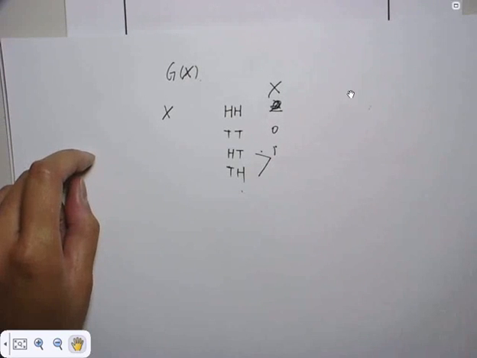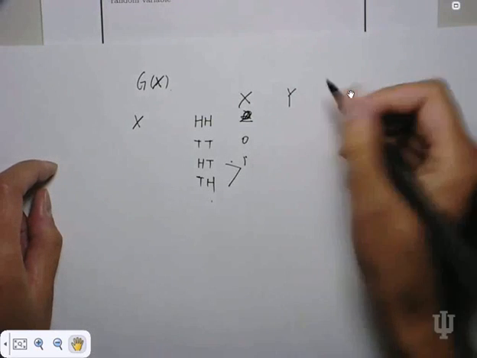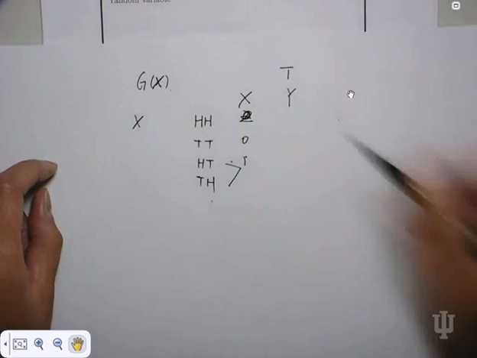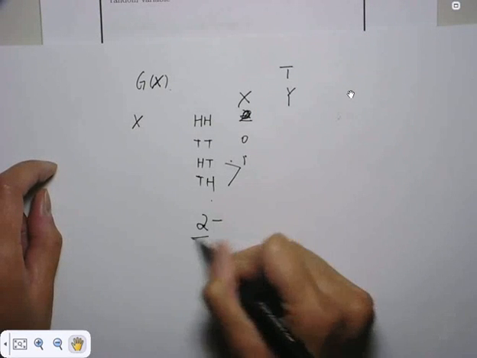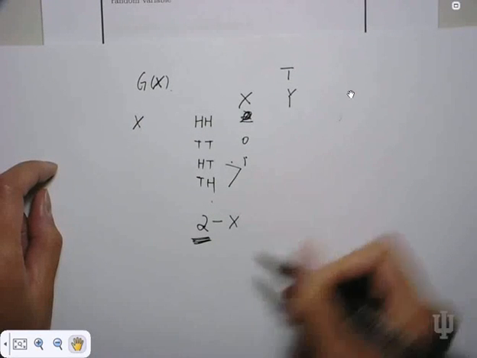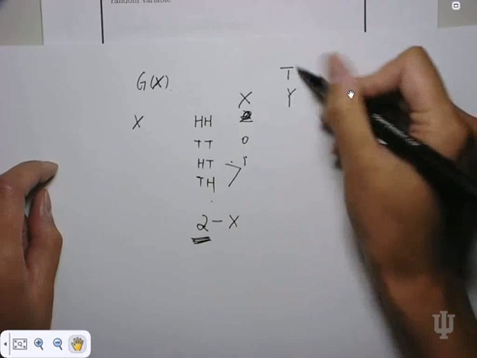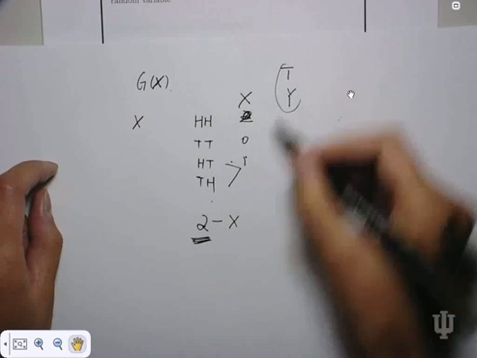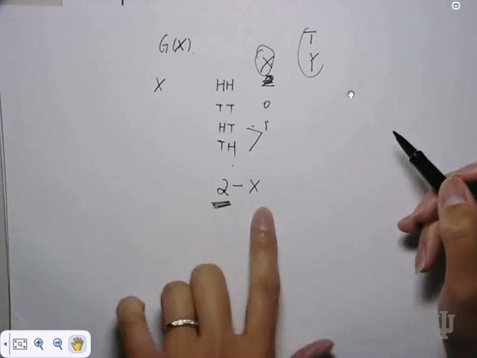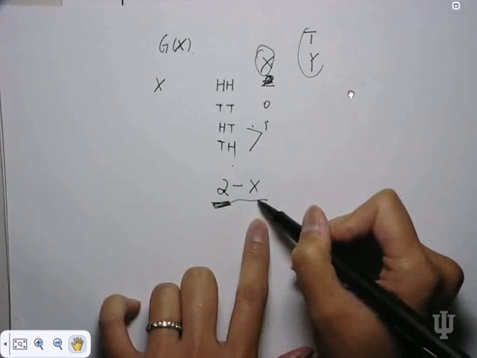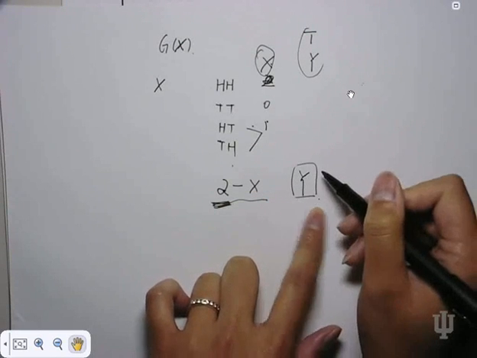But if I want to know the number of tails I have, of course I know I have only 2 coins. That means 2 minus x is the tail number I can get, right? So this is a derived random variable from x, right? So 2 minus x is a function of the random variable x, and this is also a derived random variable. Usually we use y to represent that.